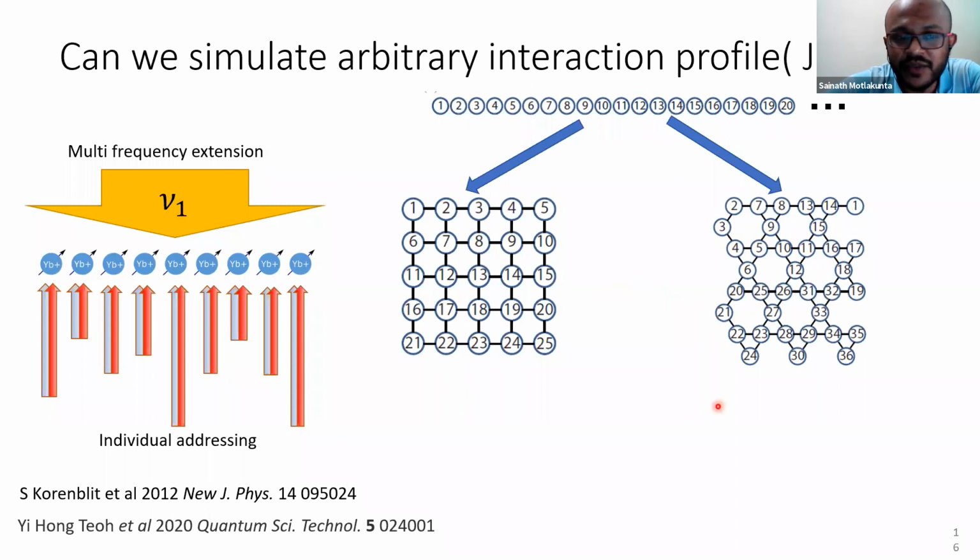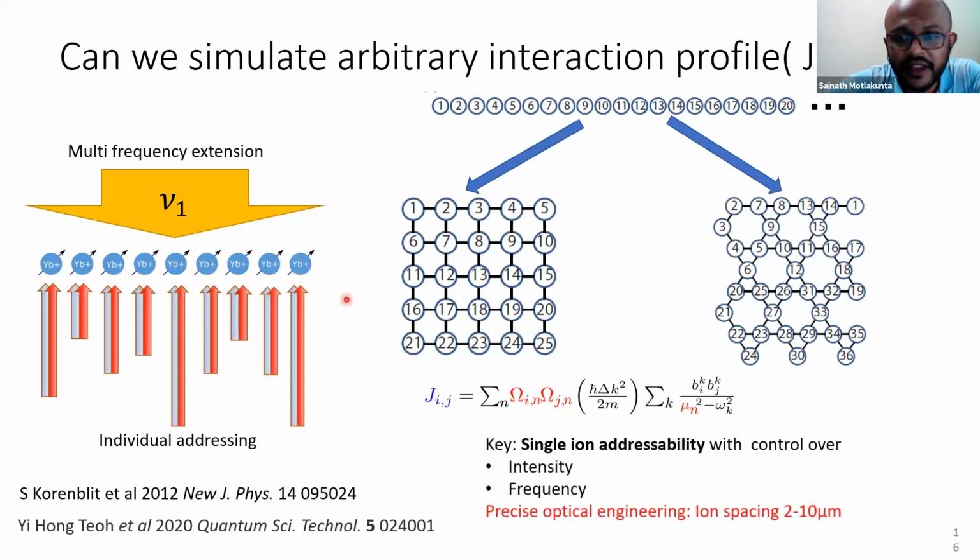The difference between the previous scheme and the current scheme is that now, instead of global beams where the laser beams were shining on all ions, we need local control of intensity and frequency at the level of a single atom. So the key ingredient to achieve an arbitrary interaction profile is single ion addressability. This requires precise optical engineering, which becomes the motivation of the next segment of my talk.